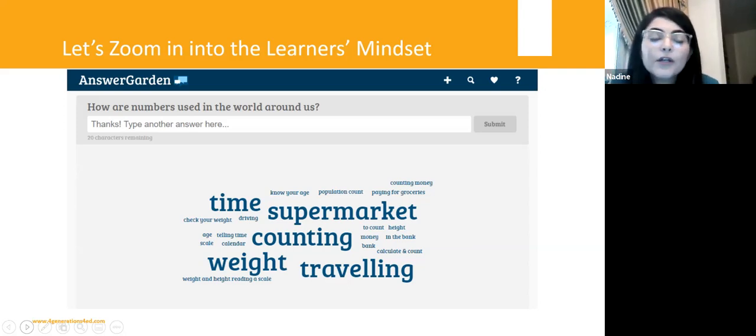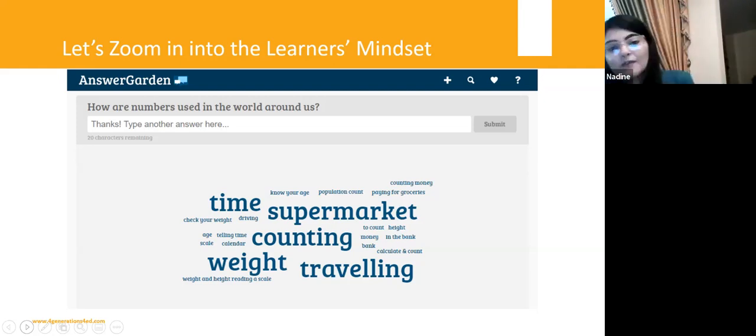Our learners were tuning in to how numbers are used in the world around them, and they had to share their responses. It was a great tool for them to run the discussion among each other, to build on each other's ideas, and to also reflect on the most repetitive responses.